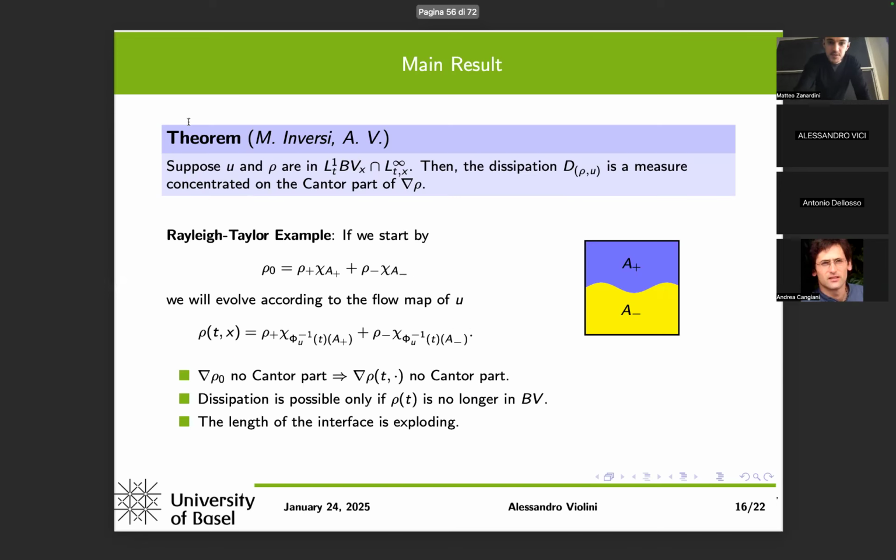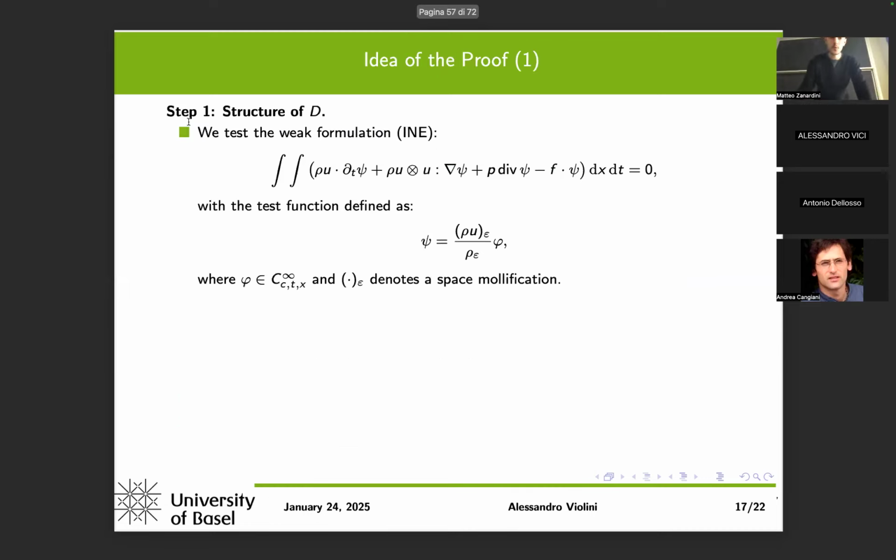So let me just give you a basic idea how to prove such a theorem, which is quite long, but I will try to be short. So first, you pick your weak formulation, and instead of using as a test function phi u, I use this function, which is a sort of phi u because it is proportional to phi u, but I'm adding rho u modified in space and dividing by rho epsilon.